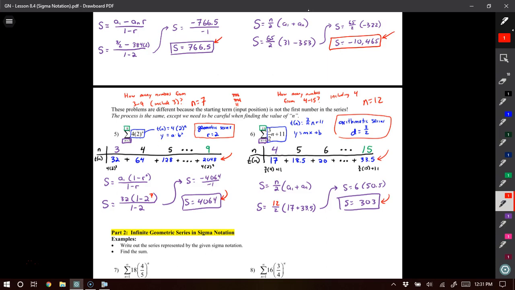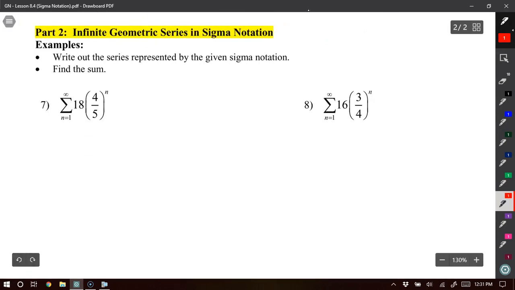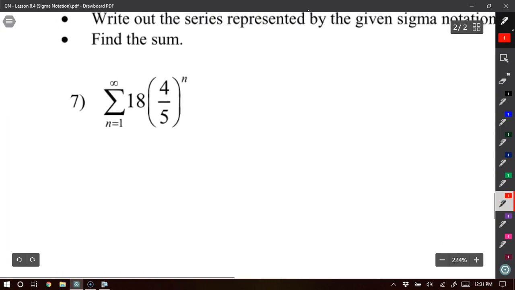Well, there's 11 between them, and then you have to include that 4, which makes it 12. Now for an infinite geometric series, the only difference is, if I look at this one, you still have the same structure. You're told it's geometric, which is nice. So I believe we did purple on the bottom, green on top, and blue for the expression.